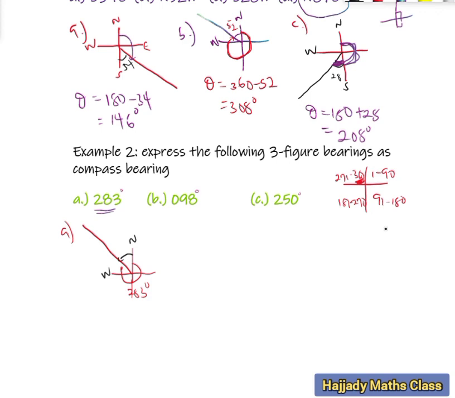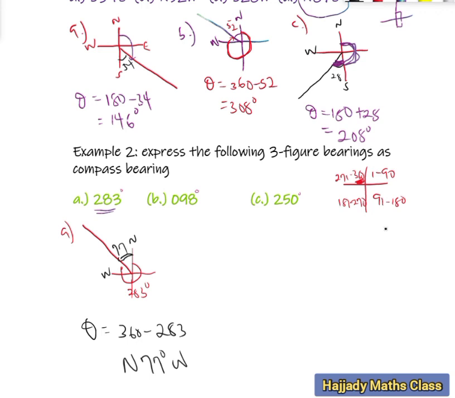What is the angle from the north going to the west? Since everything is 360, we have 360 minus 283, and that's going to give me 77 degrees northwest.